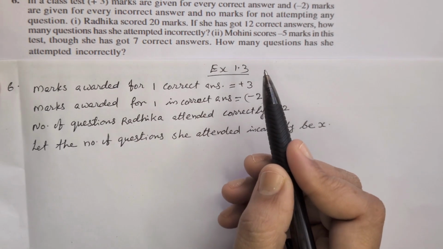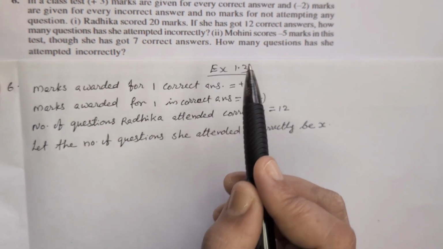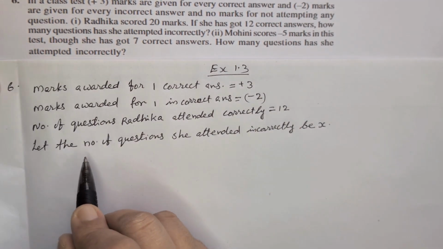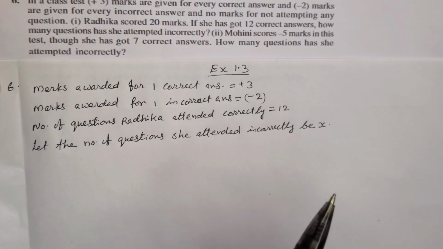We don't know how many questions she answered incorrectly, so let the number of questions she attempted incorrectly be x.